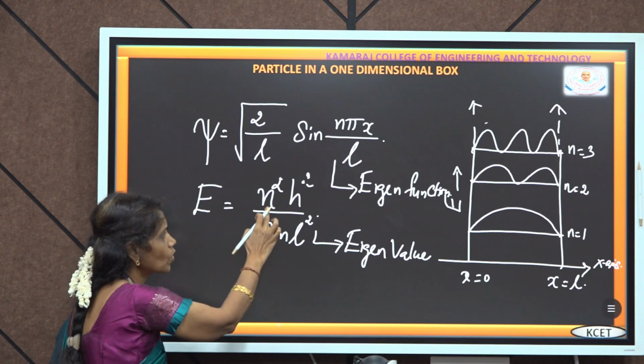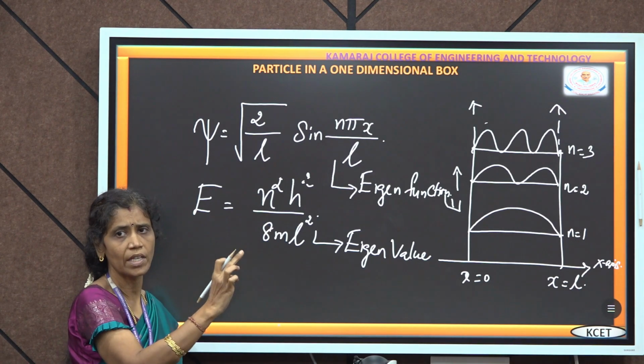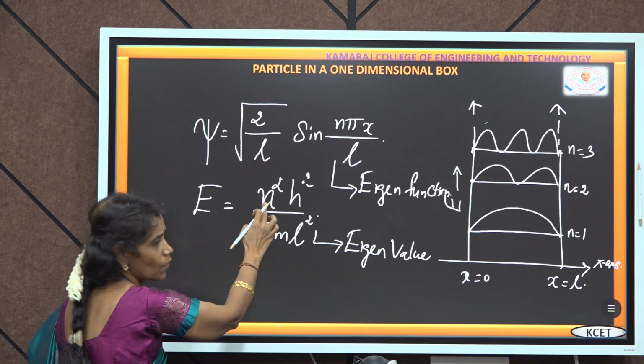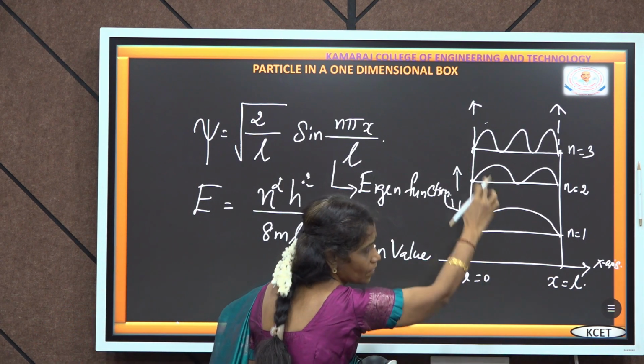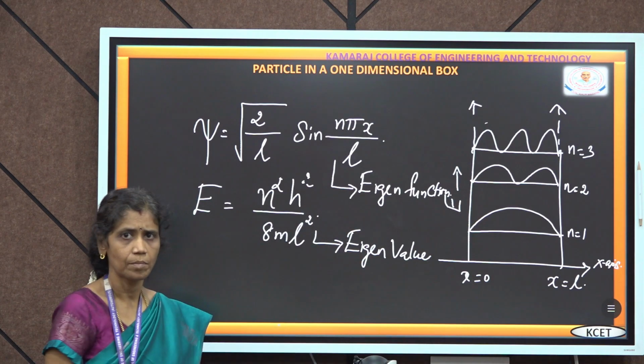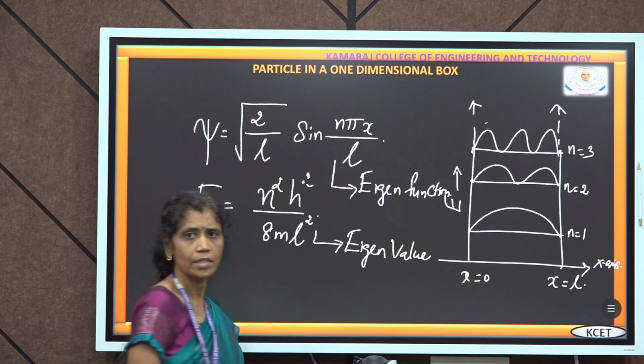On substituting the values for n as 1, 2, 3, we get the wave as shown in the diagram.